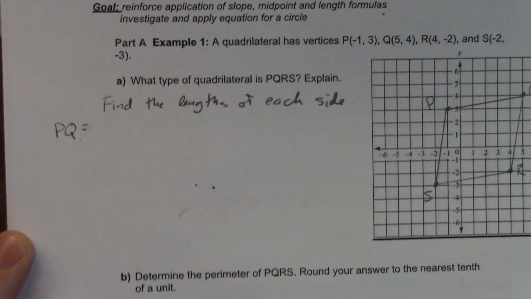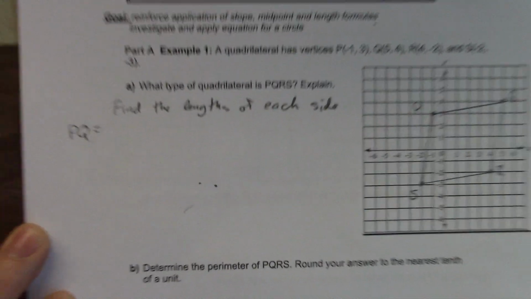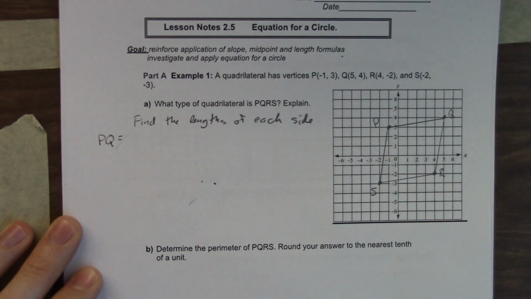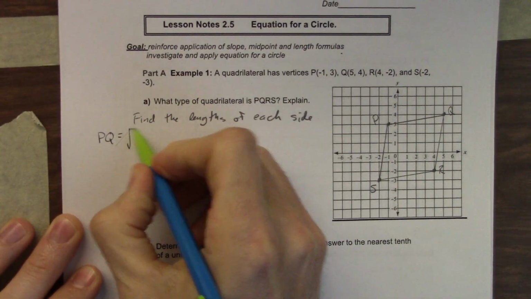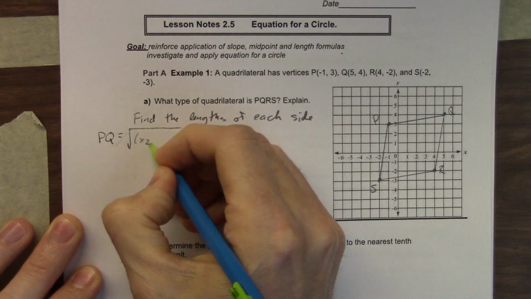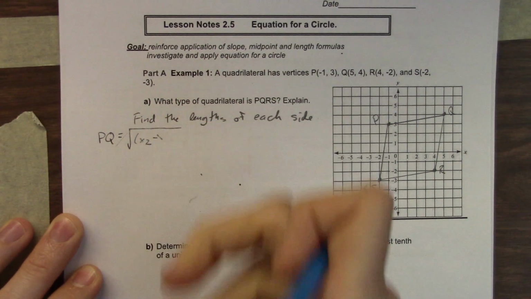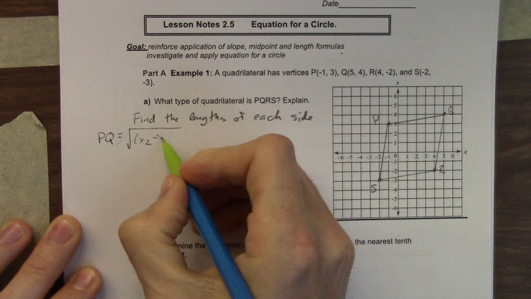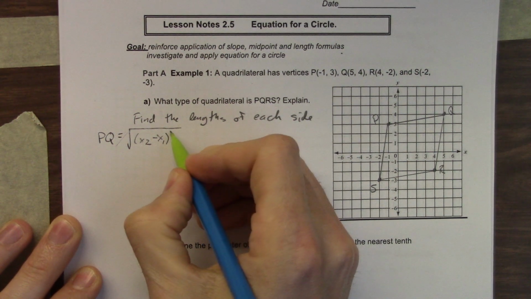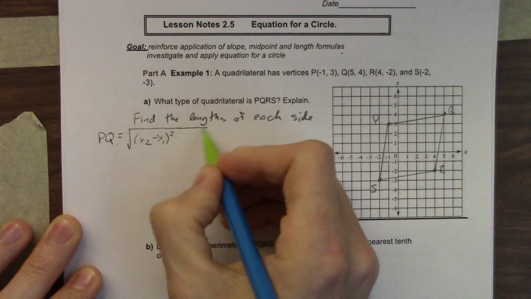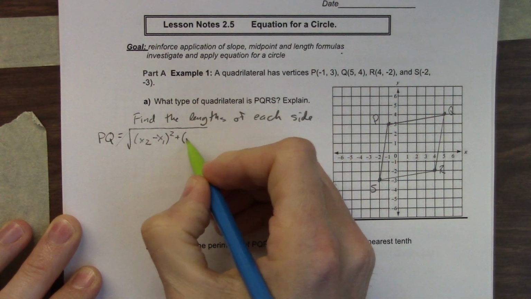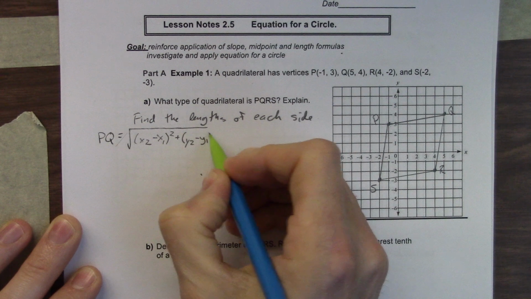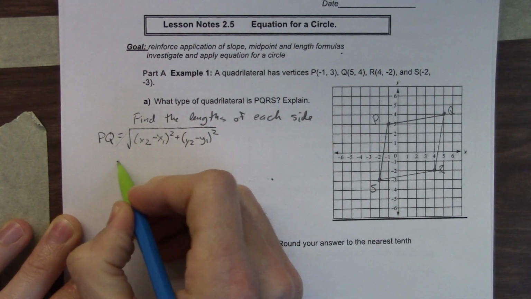PQ equals square root, yeah. X2 minus X1. Yeah. Okay. Good.